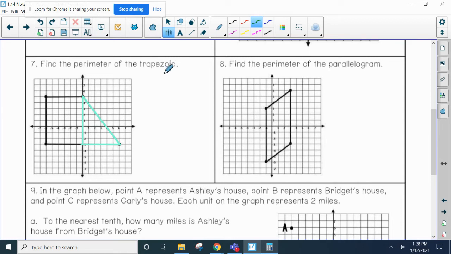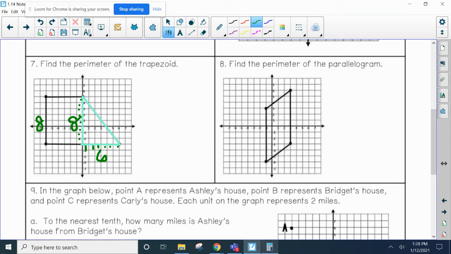So let's say we have 1, 2, 3, 4, 5, 6 units here. And then we have 1, 2, 3, 4, 5, 6, 7, 8 units here. And just to save me some time, that's the same height as the outside of our trapezoid. So I'm going to put my 8 there.